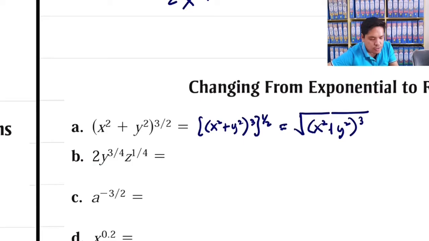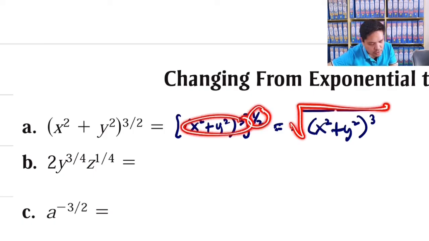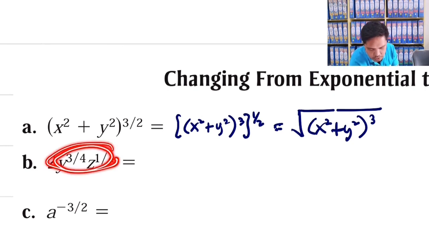Sorry. So the square root, this is the square root of this. Next, letter B. How do we do that? This means fourth root. That would be 2. Common to them is the 1/4, right?